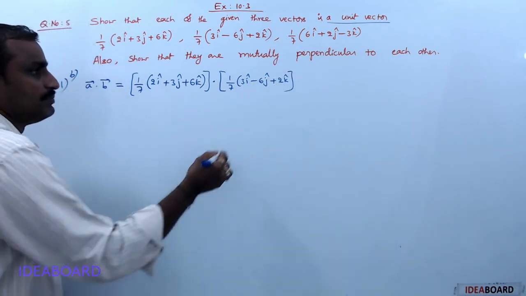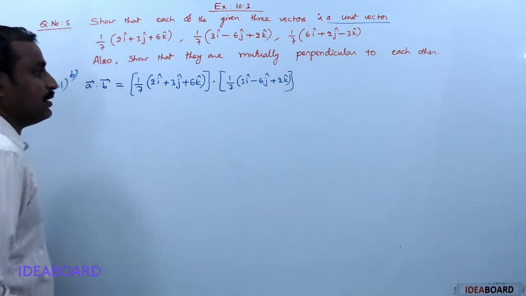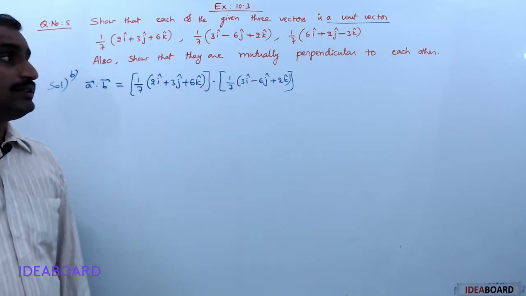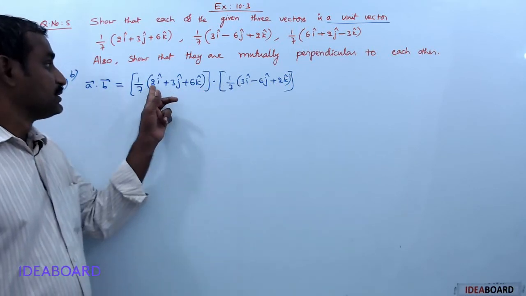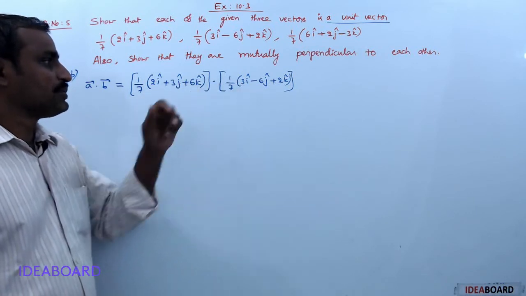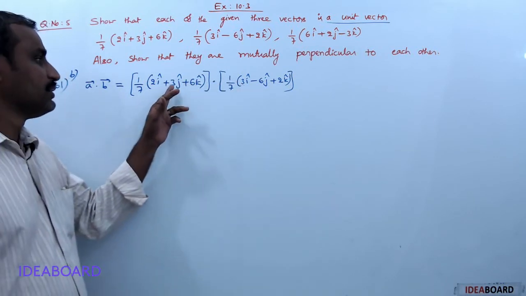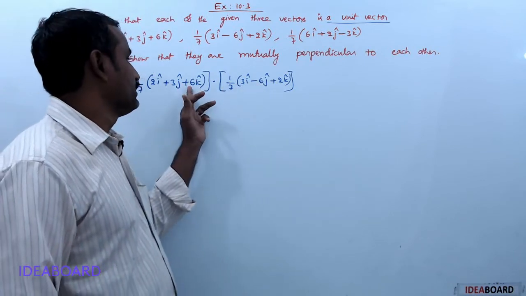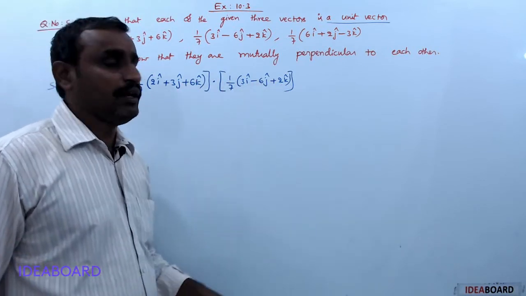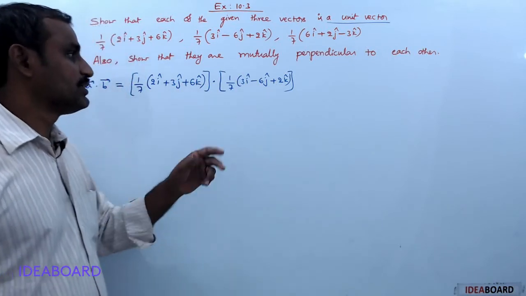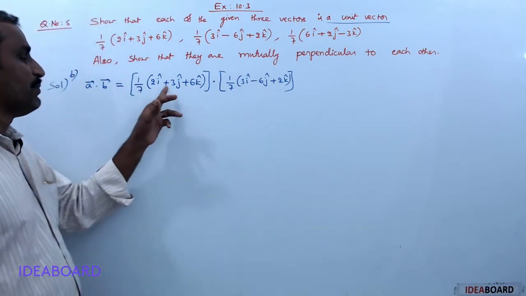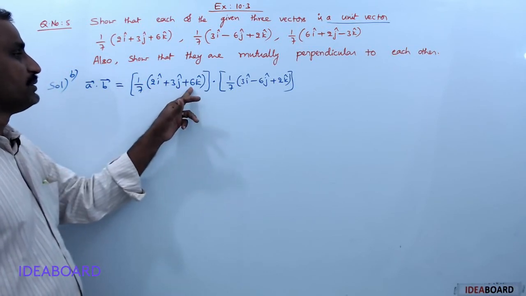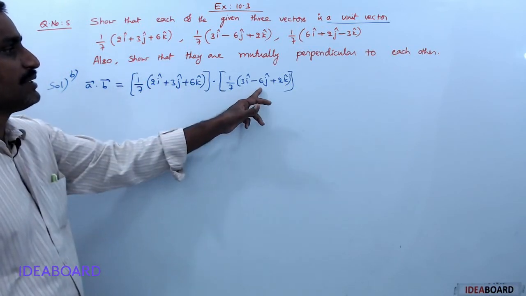So now, how to take the product of these two vectors? You multiply the i coefficients, next multiply the j coefficients, plus multiply the k coefficients also. That is the procedure. So 1 by 7 before, then the product of each scalar component in the first vector as well as in the second vector.